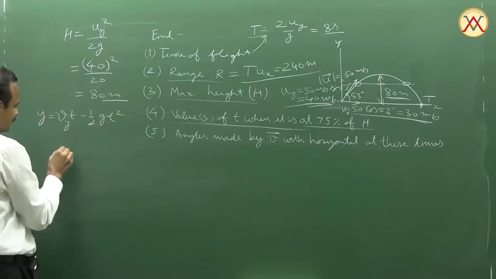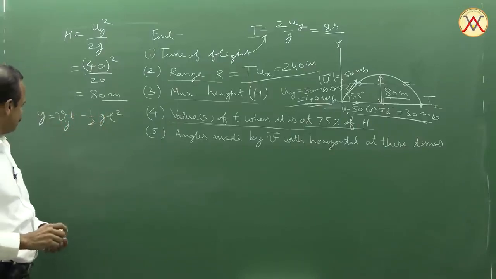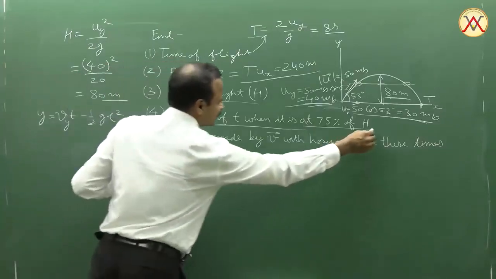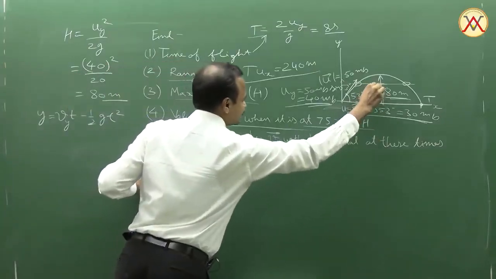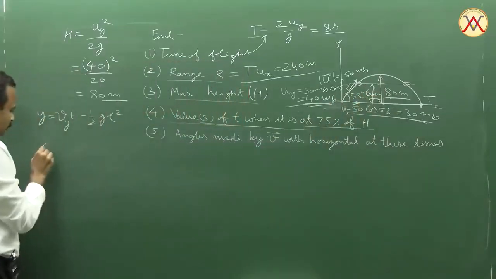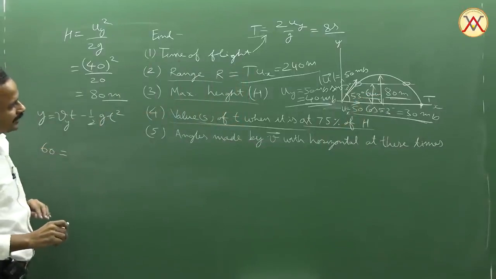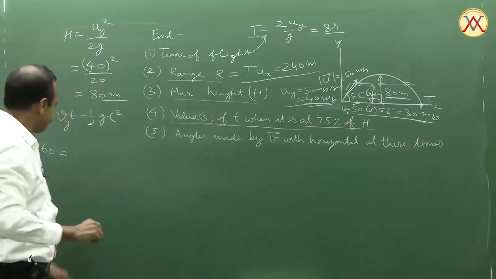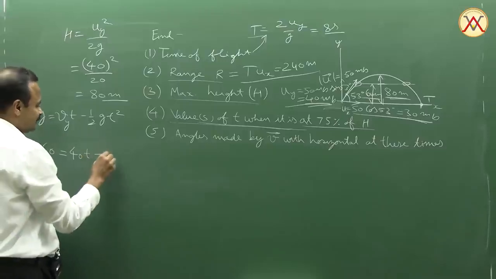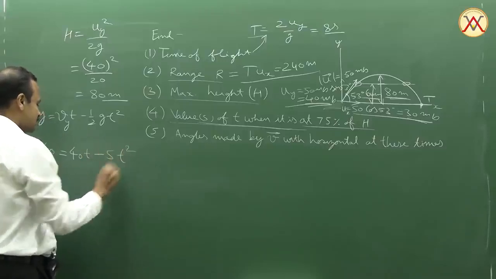So just have to put the values here and solve for t. So y is 75% of h, which is your 60 meters. Alright, so I put 60 here. Uy we have got as 40, so 40t minus half g is 5t square.